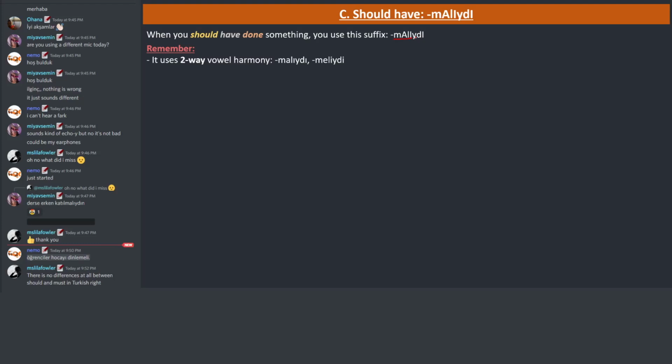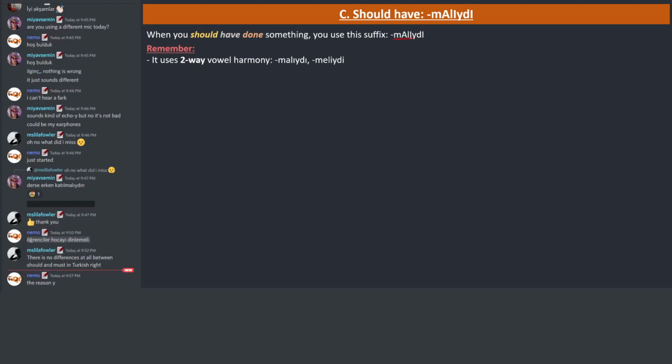It's a bit about the history of this particle. You can just remember it as after a voiced letter, you go with y. So yapmalıydı or gelmeliydi. It uses two-way vowel harmony. So let's have our examples.